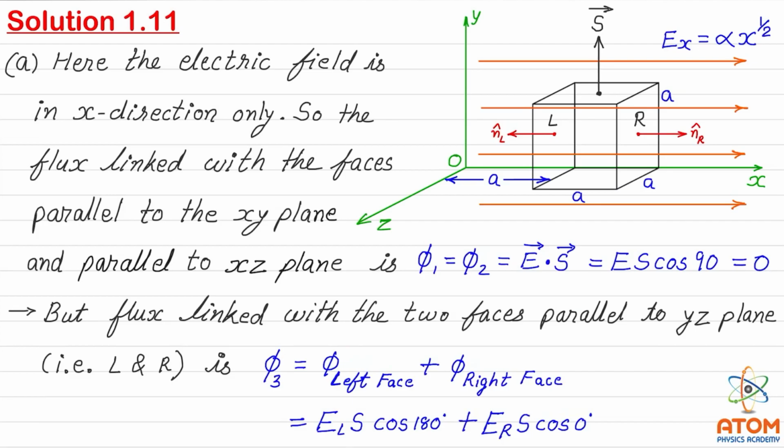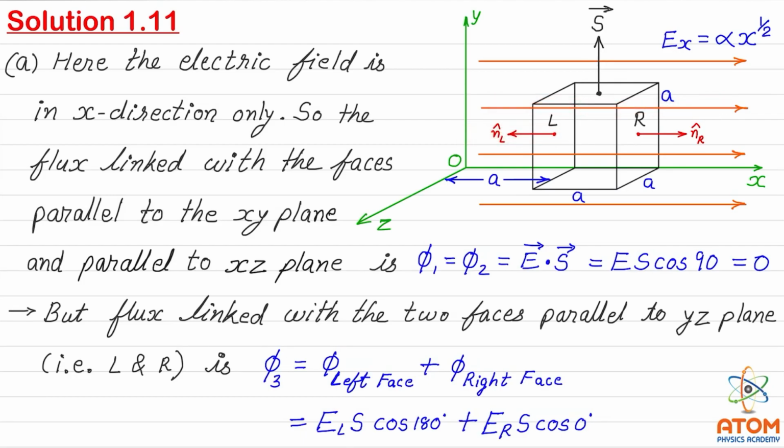Now, for both of these faces, let us see one by one. For the left face, you can see the area vector, vector S, will be to the left side, whereas the electric field is to the right side. That's why the angle between the electric field and the area vector will be 180 degrees.